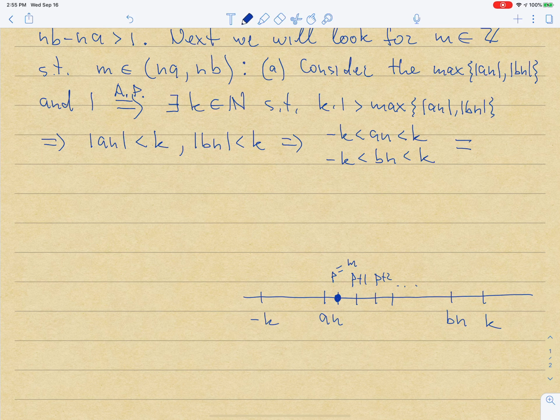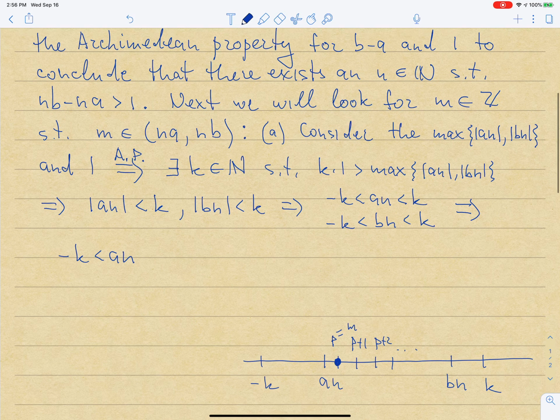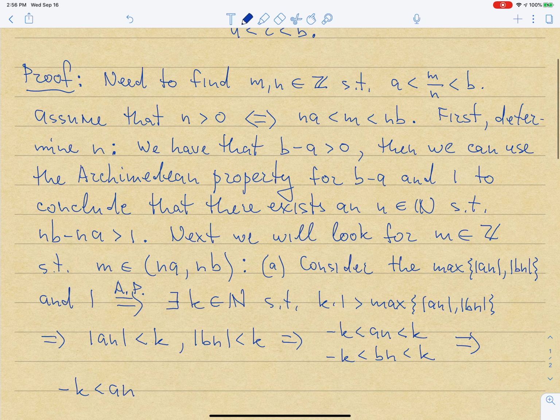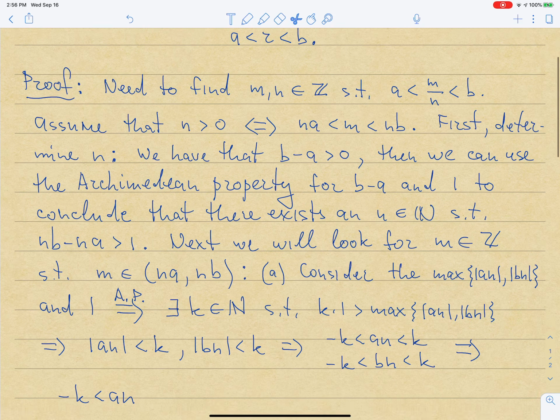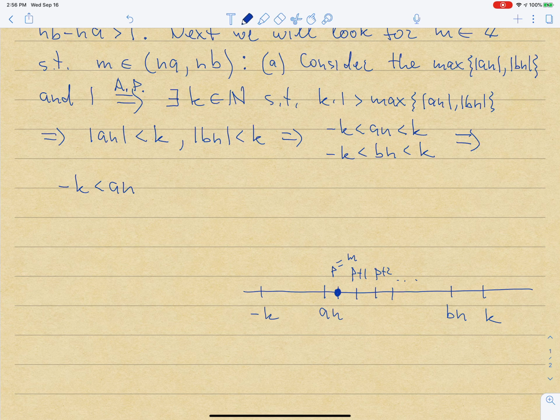And then from here, I have the following chain of inequalities. So I know that minus k is less than an. I know that from here. I also know from before, from my assumption, that a is less than b, right? And if a is less than b, by field properties, an must be less than bn. So an is less than bn.